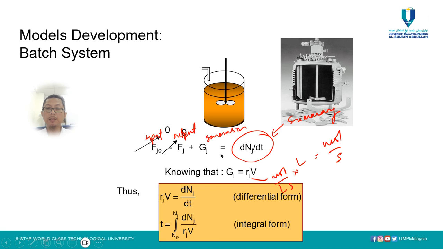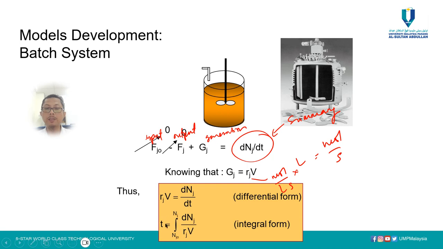From the ODE or differential term for Nj, dNj/dt, we can get this equation: rjV equals dNj/dt, and we can calculate t because t is actually the design variable for the reactor.